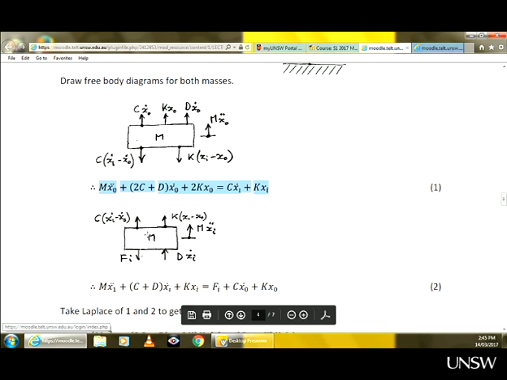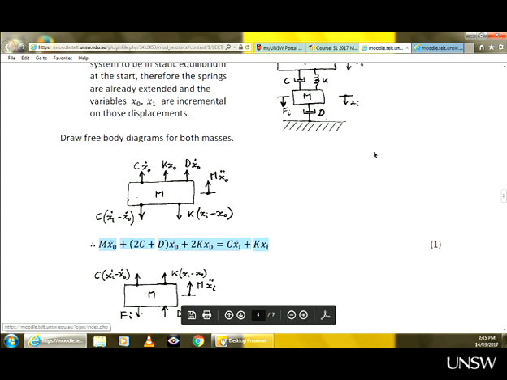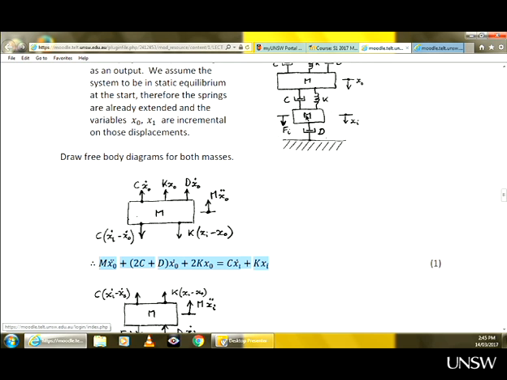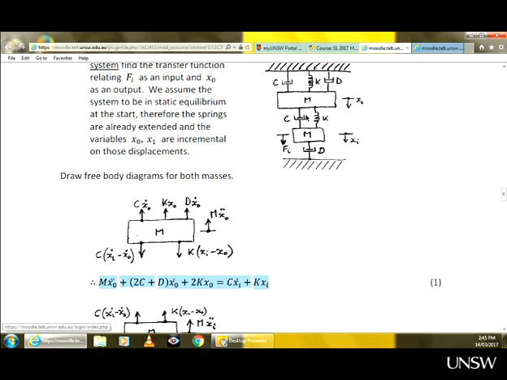Now you repeat the same for the bottom mass. So you have force Fi pulling down. All other three will resist that displacement. As mass moves down, this damper will resist. That's obvious. But again, think about the beginning of the process. As this mass moves down, this will create a resistance.